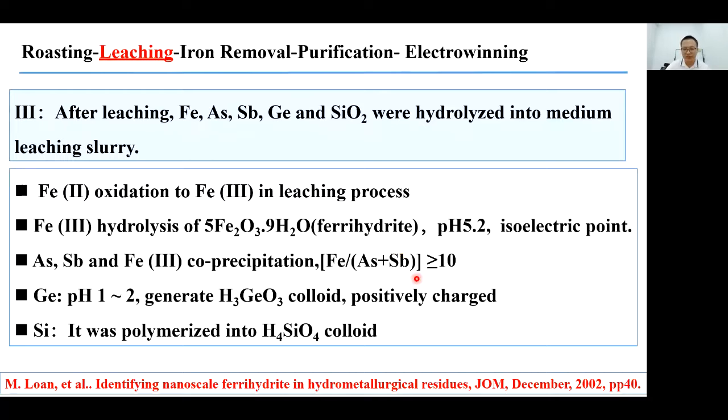So we know that with the leaching slurry, we can enrich arsenic, antimony, also germanium. So it will colloid and also precipitate as well. Silica will polymerize and colloid and report to the leaching slurry. But this one influences the separation of the solid and liquid.